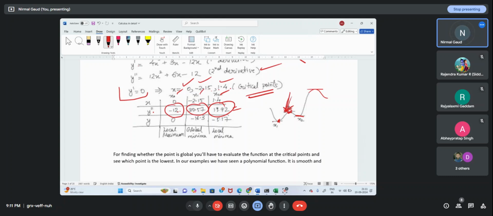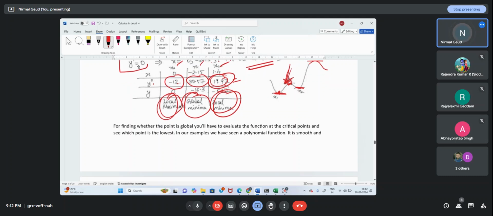If you are getting a positive value, it is minima. This is also local, this is also local. This is local maxima, and this is global minima. Why global minima? Because no one is less than this. This is global minima, and this is local minima because it is above the global. They are local.